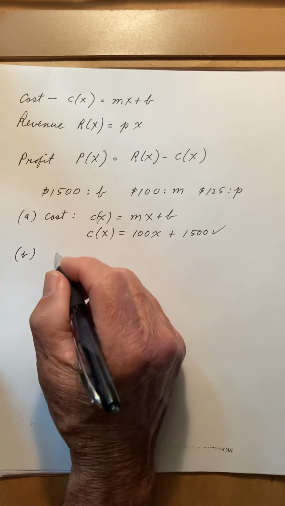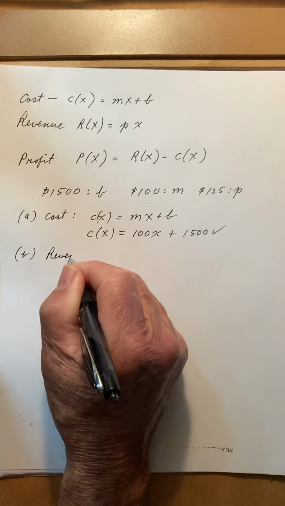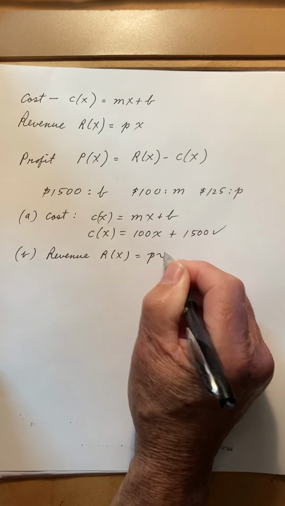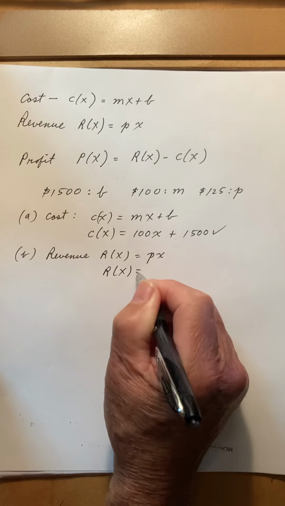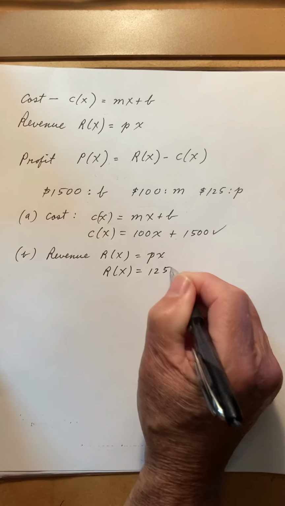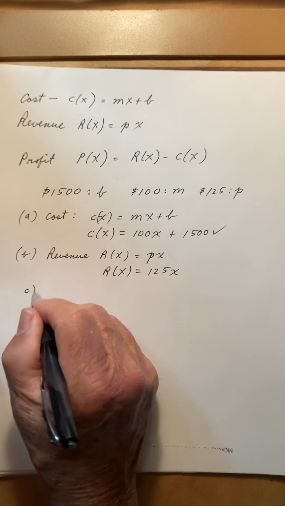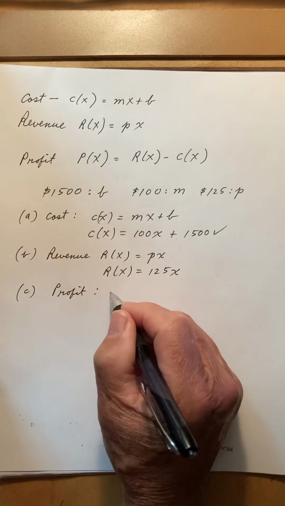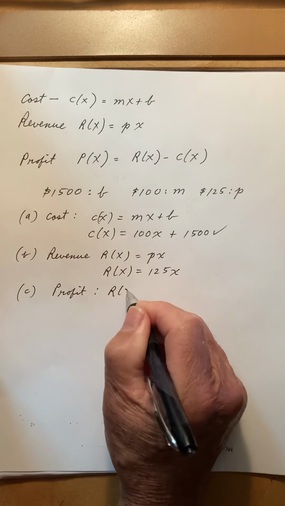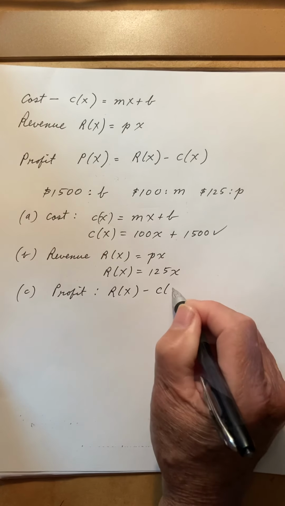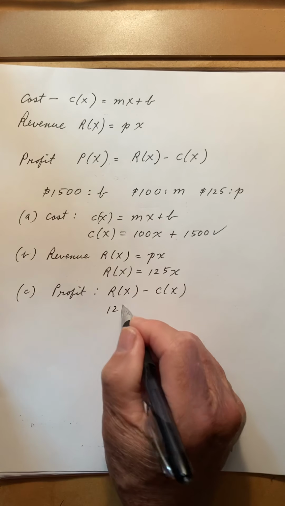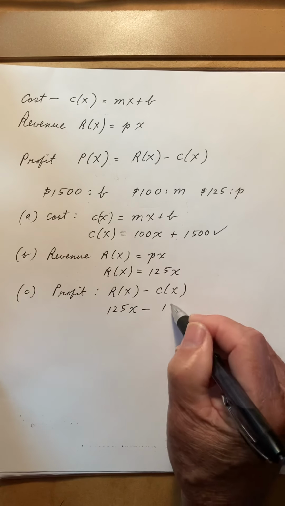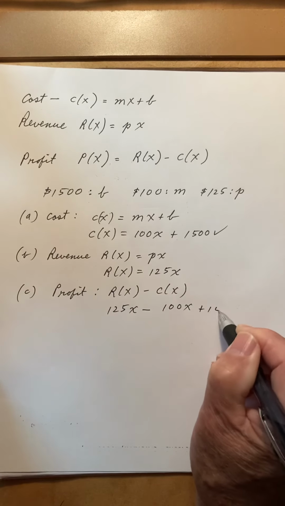The second one is the revenue function. So R of X is P times X. So R of X equals the price, which is 125X. And then the profit is the difference of the two. So we do R of X minus C of X. So R of X is 125X minus C of X, which was the 100X plus the 1,500.